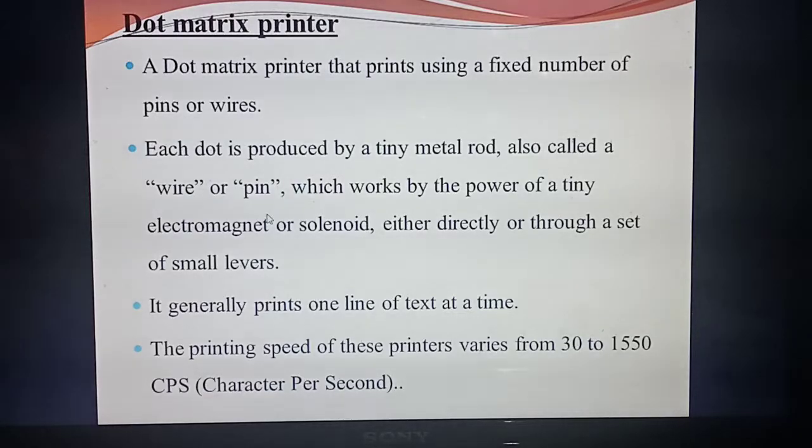So how does this tiny metal rod work? With the power of an electromagnet. In impact printers, you have studied the striking of hammers or pins to get a dot or a print, isn't it? Likewise, in the dot matrix printer there is a small tiny metal rod, which is called a wire or pin.